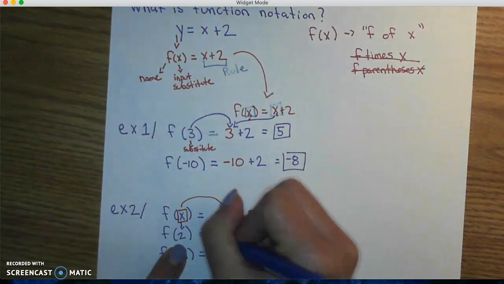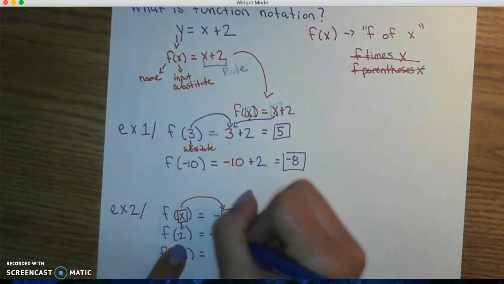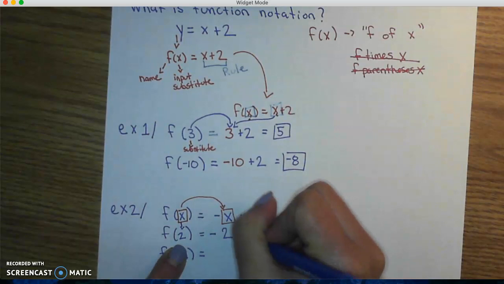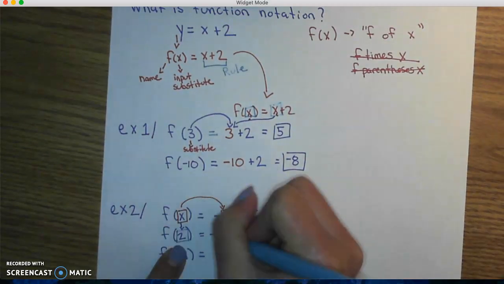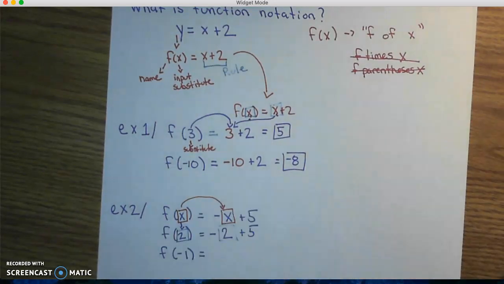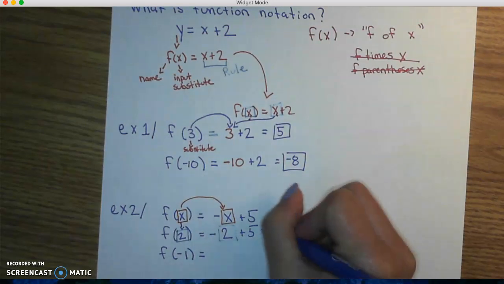So I'm going to say equals negative 2 plus 5, because this time I have 2. It's negative because that was in my rule. And then I just solve it. What's negative 2 plus 5? 3.